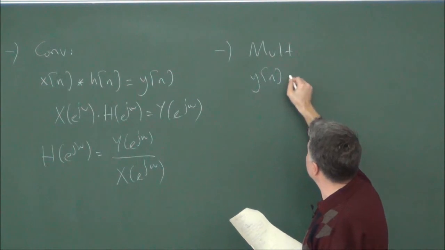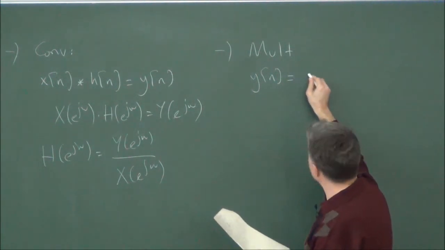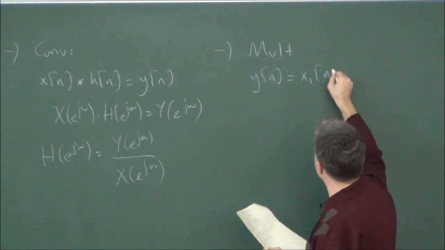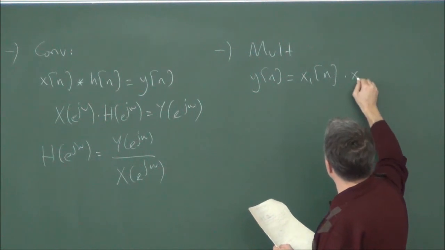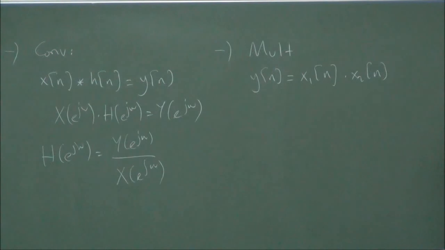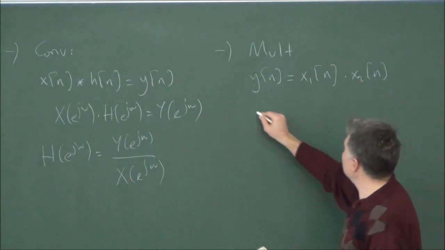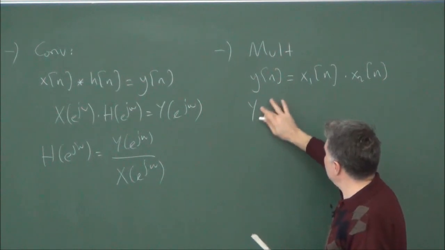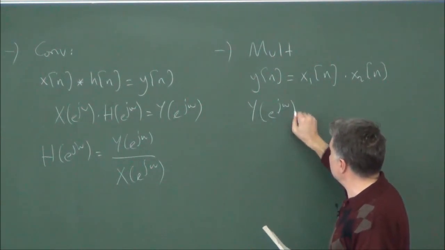y of n is equal to, let's call them, x1 of n times x2 of n. So my new signal is the multiplication of the two. Then what is Y of e to the j omega?